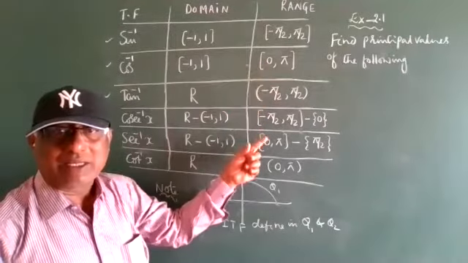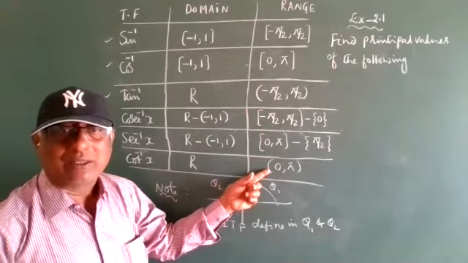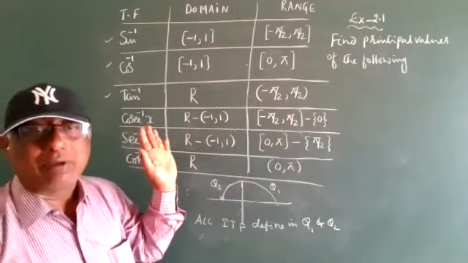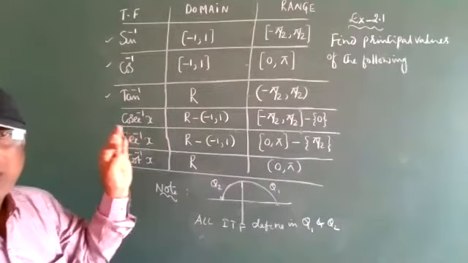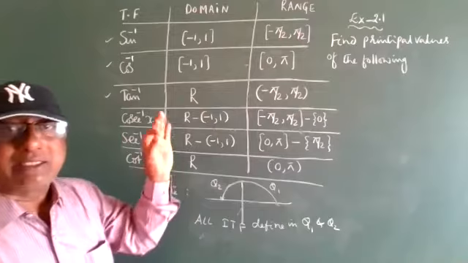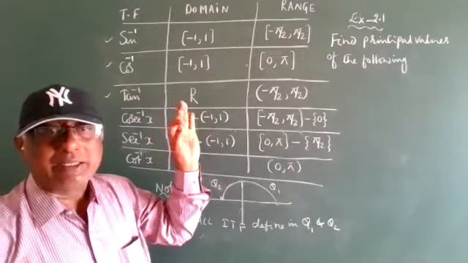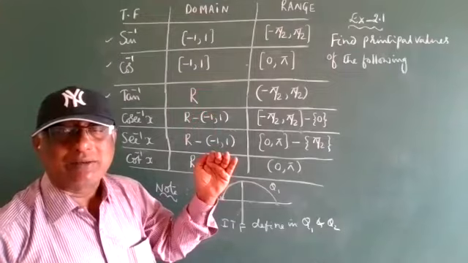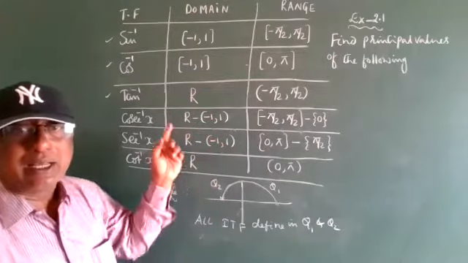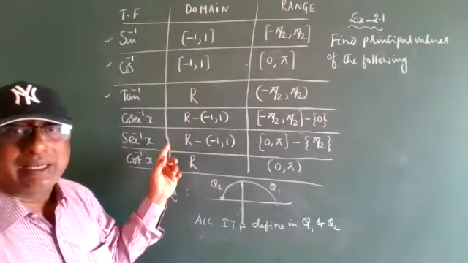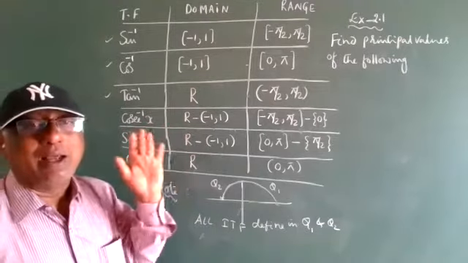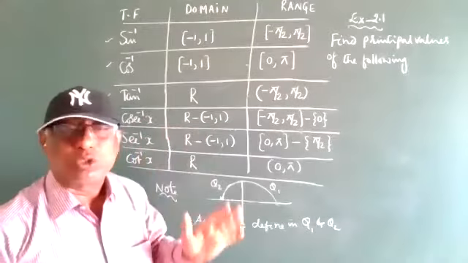It is the same for sec inverse and cot inverse. Sine inverse, tan inverse and cosec inverse have the same angles, with open or closed bracket. But cos inverse, sec inverse and cot inverse have the same angles, with closed or open bracket. That is all you should remember.